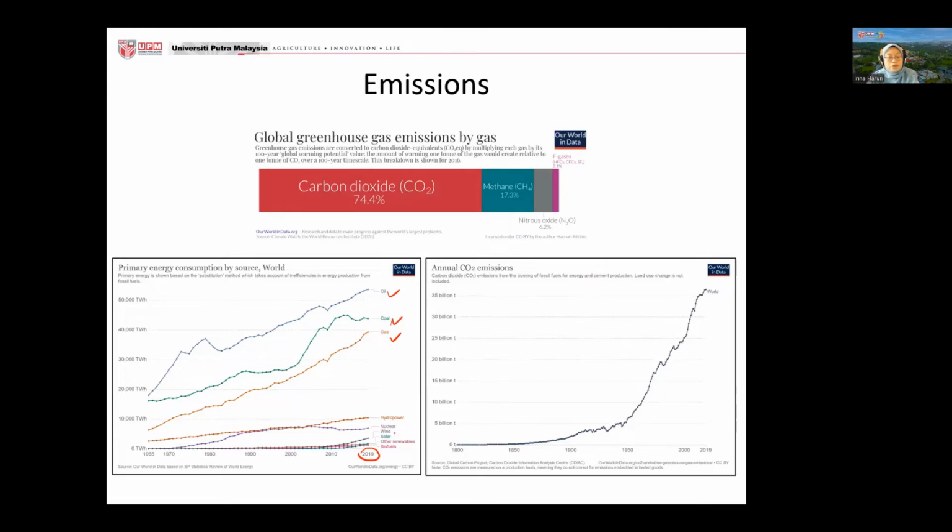Things like nuclear, wind, solar, all of these others, they don't really produce CO2. Which is why we are looking at energy transition. We are trying to move away from the fossil fuels to the renewables. Because we know that although people are dependent on them, something has to be done before we reach a point of no return.